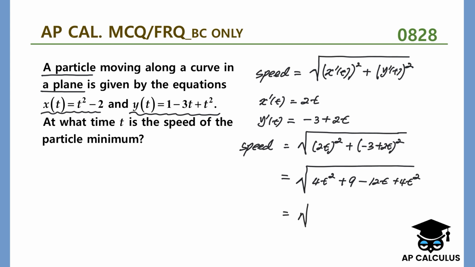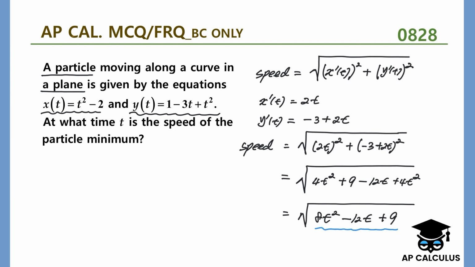So that's going to be equal to 8t squared minus 12t plus 9. That's our speed, right? The question is to find time t where this speed is minimum, right? And this speed is minimum when the expression inside of the radical is minimum, right?